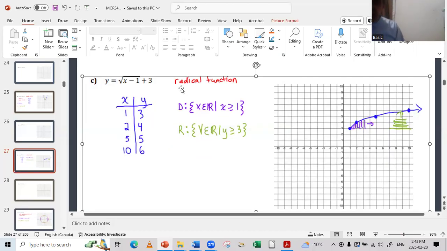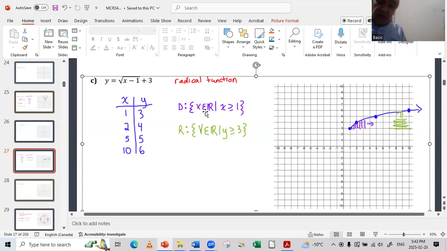As long as we know now how to decide the domain and how to decide the range. The domain might be conditioned or unconditioned. Unconditioned when I say x belongs to all real numbers, like here.